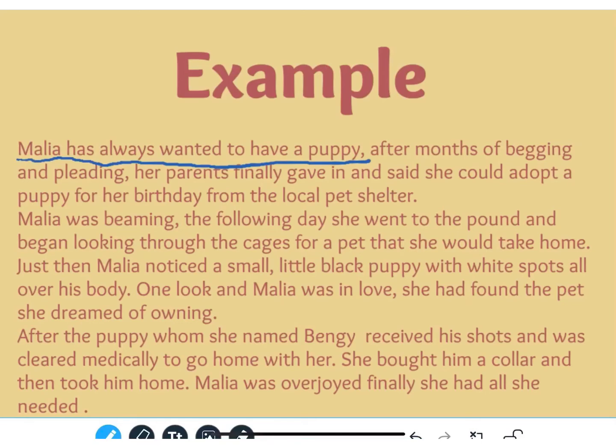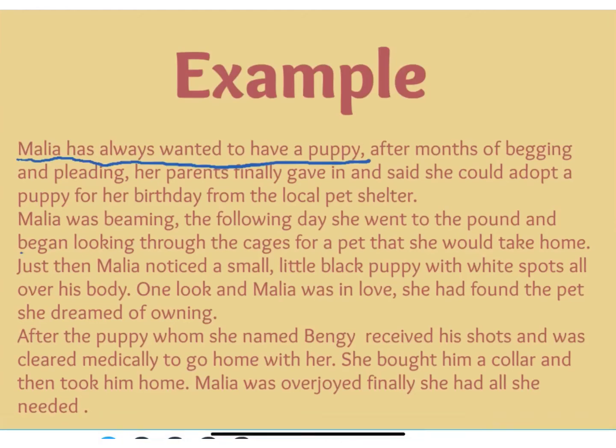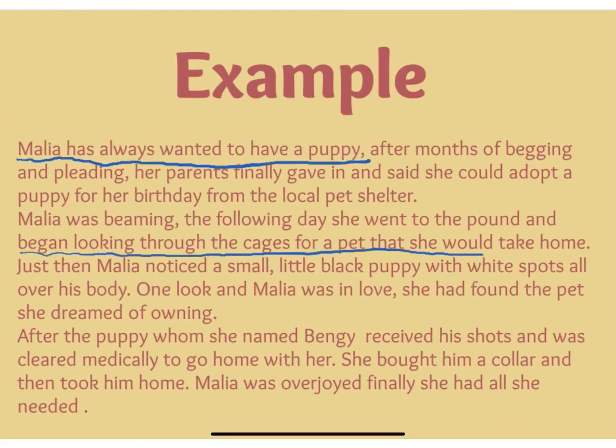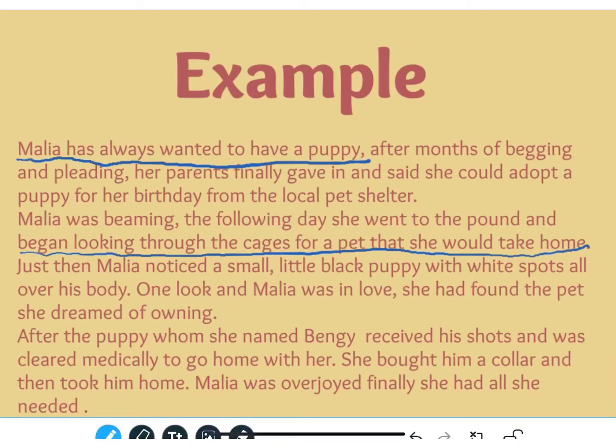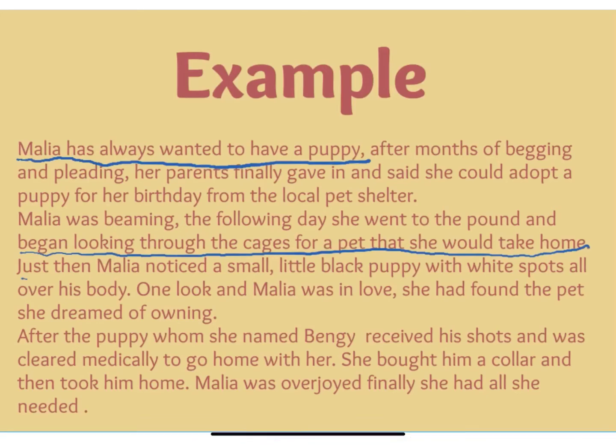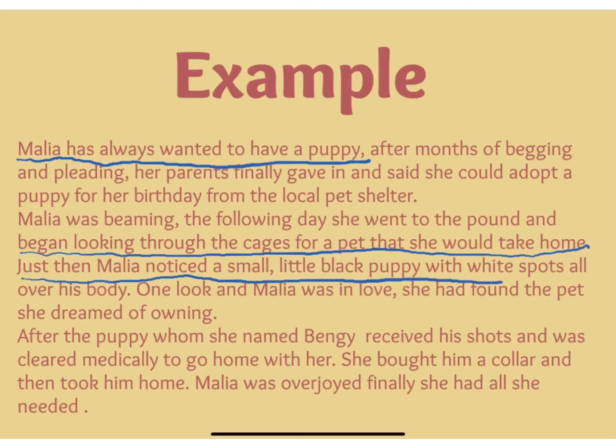Next, we're going to have the rising action, which occurs as she enters the pound and begins looking through the cages for the puppy that she wants to take home. Then we have the climax. This is where she sees a dog she dreamt of and decides that she wants to choose that one.